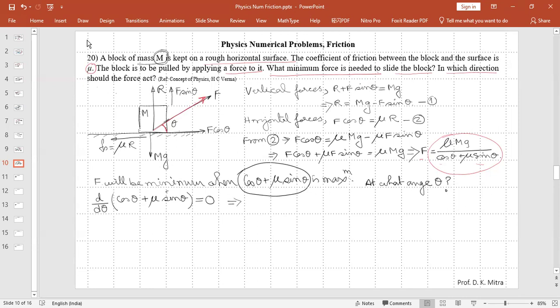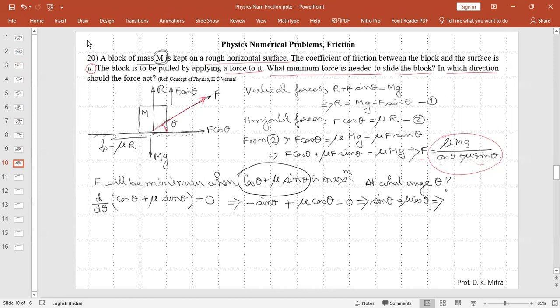From here, we get d by d theta of cos theta is minus sin theta, plus mu times d by d theta of sin theta, which is cos theta, equal to 0. From here we find, if we take sin theta on the right hand side, sin theta is equal to mu cos theta.